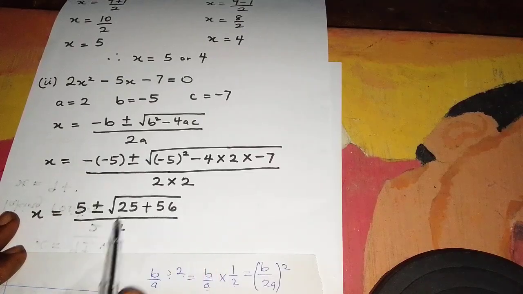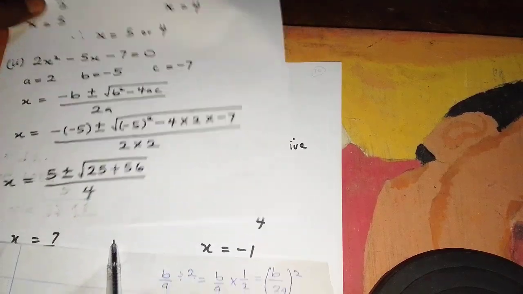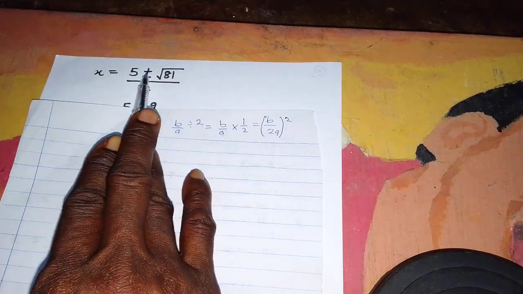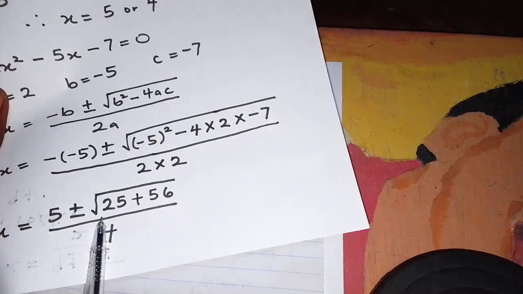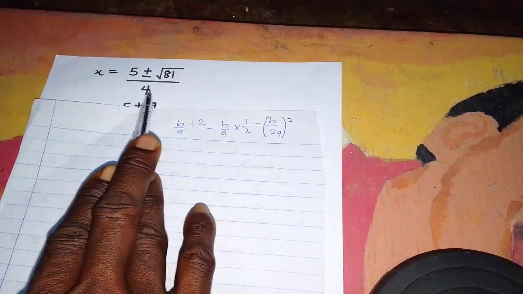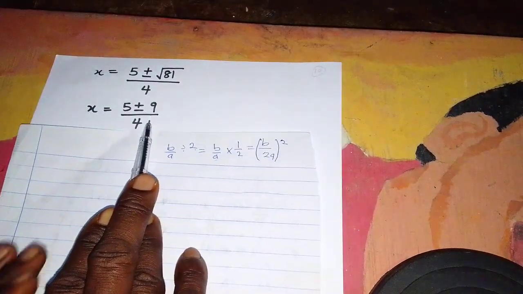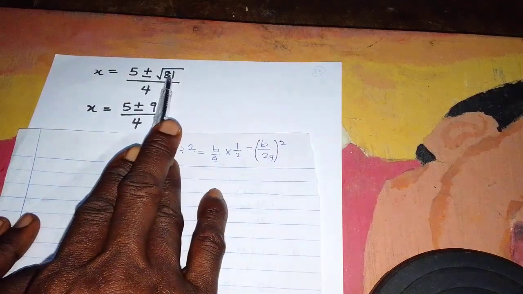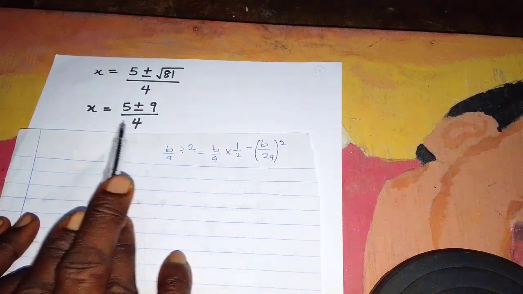All over 2 times 2 is 4. Now, you realize that you now have 5 plus or minus 25 plus 56 will give us root 81 over 4. So from here you find the square root of 81, which will give us 5 plus or minus 9 over 4.